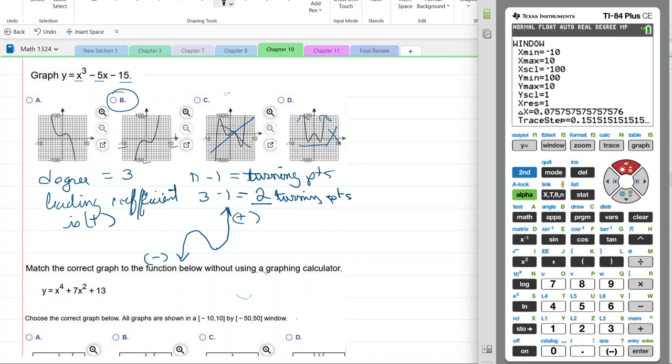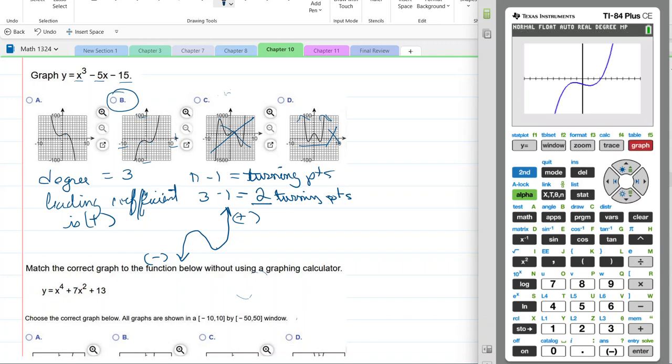Oh, the scale. Oh, mercy sakes. This is a negative 100, a positive 100. Oops. Sorry about that, class. My pen is acting up, isn't it? Scale of 10, sorry.